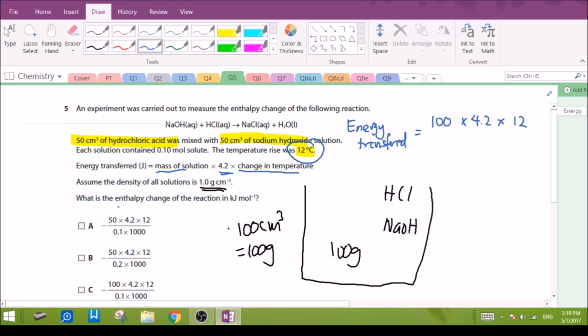What is the enthalpy change of the reaction in kilojoules per mole? So enthalpy change will be equals to the energy transferred divided by the moles of the limiting reactant.